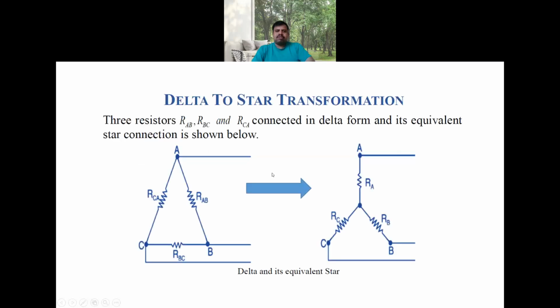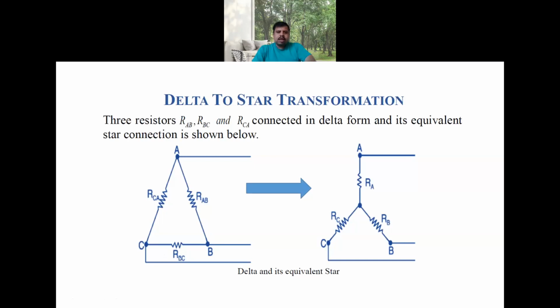So, first of all, let us consider two circuits. The first circuit is the delta connected network. As the name indicates, the three elements of a circuit are connected in delta fashion between the three terminals A, B, C. The element connected between A and B is designated as RAB.